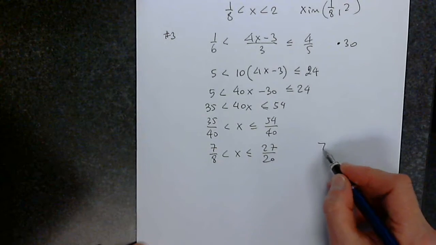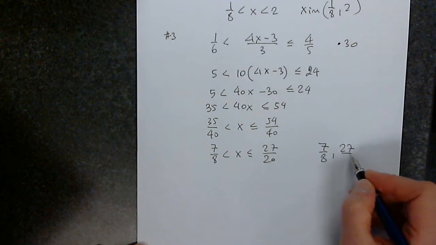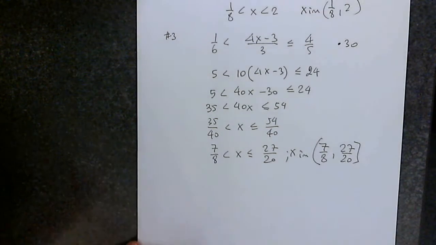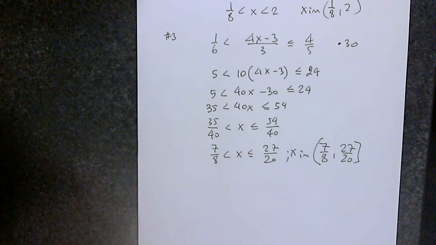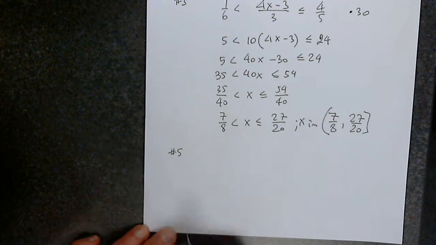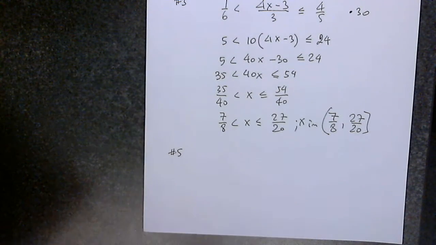In interval notation, 7/8, 27 over 20, and that's why I put x in the interval. Any questions on this?